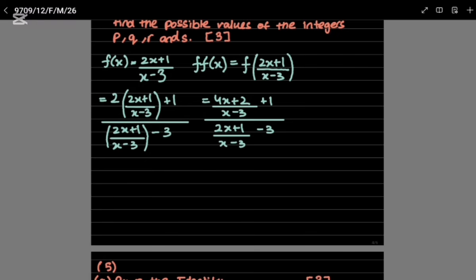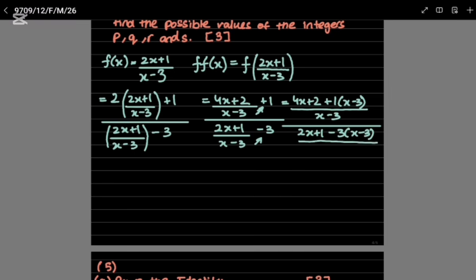Now what can we do with this? Take LCM, the denominator, make it the same. So to do that, 4x plus 2 plus 1 into x minus 3 over x minus 3, again over 2x plus 1, you do the same thing, minus 3 into x minus 3, the whole thing over x minus 3.